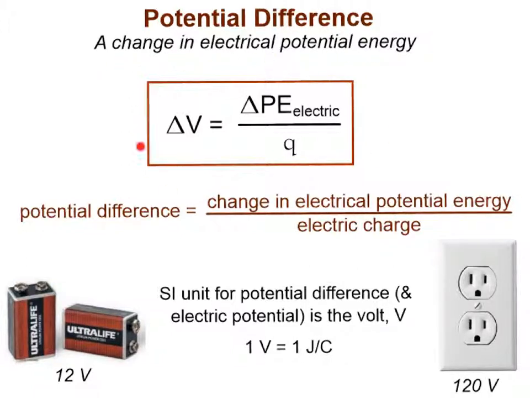We think about it mathematically like this, and you can see that the change in the potential difference, delta V, is equal to the change in electrical potential energy divided by the charge.